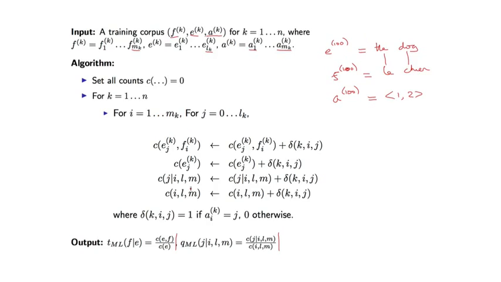And I'm going to increment some counts. A critical definition is these delta variables. So k is the example number, i is a French position, and j is an English position.